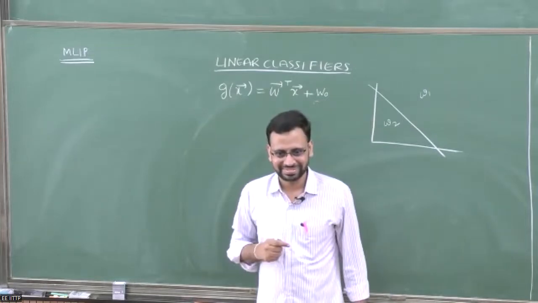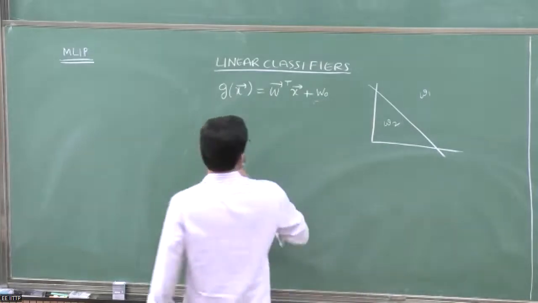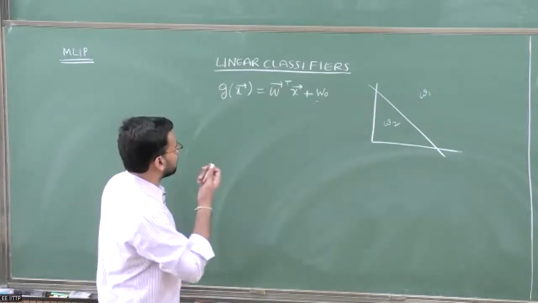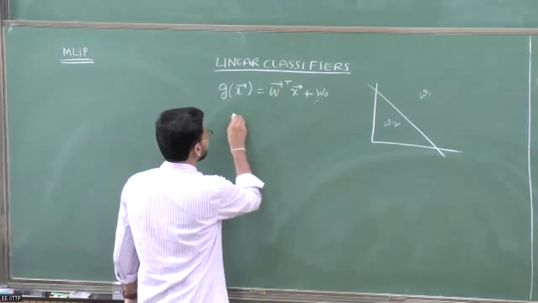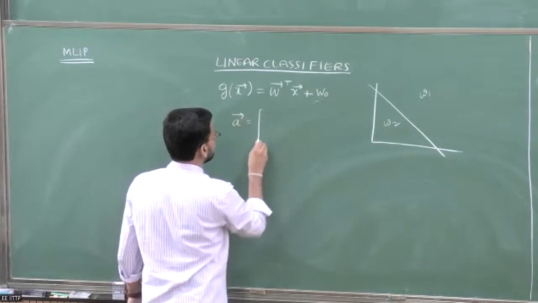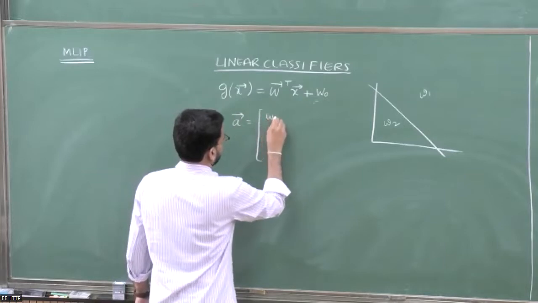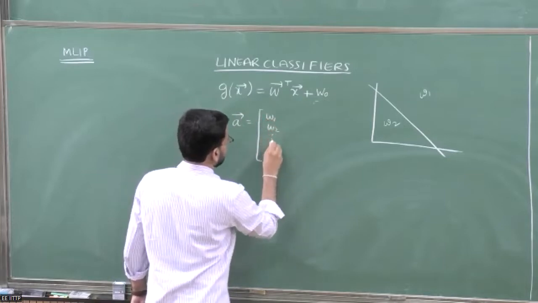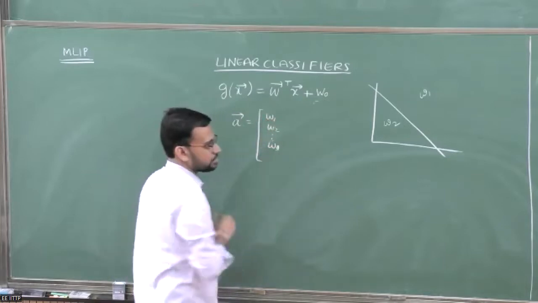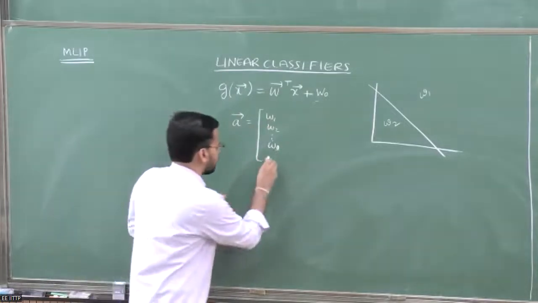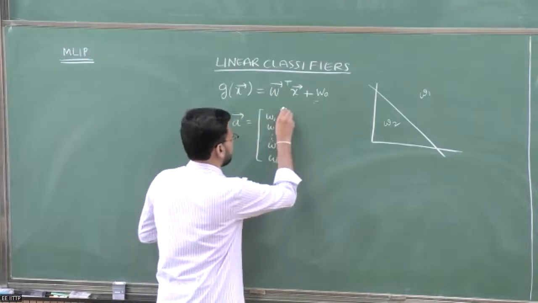W naught can come into the last. Okay, so let us follow what he has suggested. That's the right approach to go. Let me call those weights now A bar, where I would keep W1, W2. Let's say it's an L dimensional feature vector that I am considering. So I have WL here. So the idea is to keep W naught here.